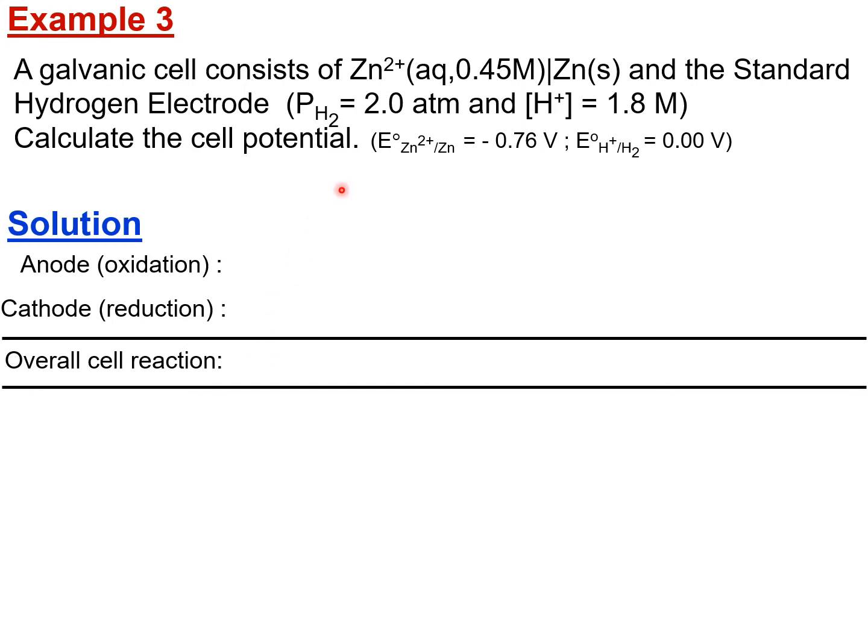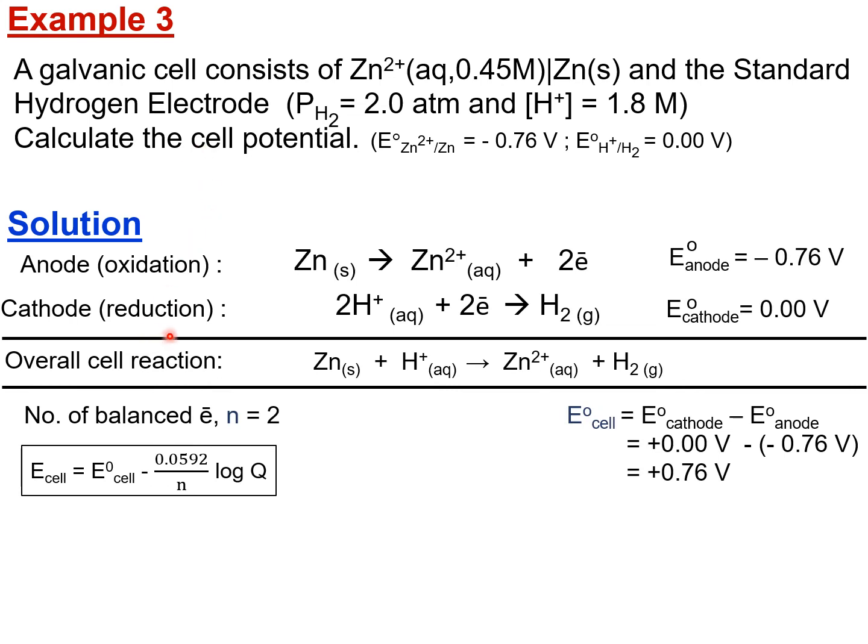Okay, so how can you know which one yang berada di anode dan di cathode? Tengoklah SRP value masing-masing. SRP value mana yang lagi tinggi and also close to positive value akan berada di cathode. Therefore, we can conclude here that SHE ataupun hydrogen gas ni dia akan undergoes reduction dan dia akan berada di cathode, manakala zinc akan berada di anode.